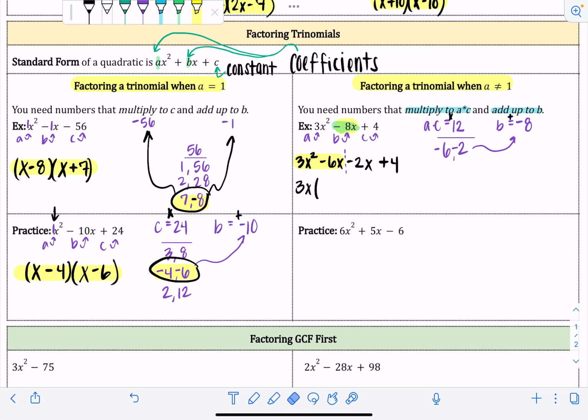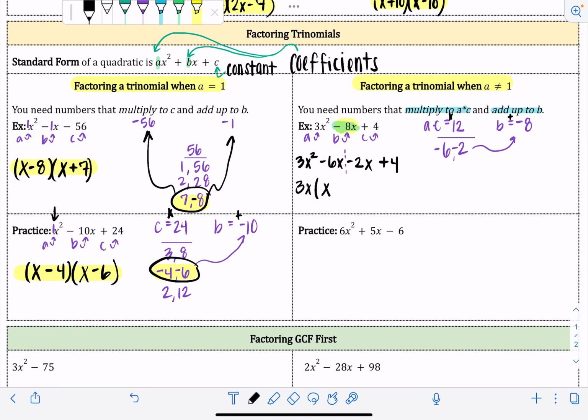Factoring the GCF is kind of like doing the reverse of distributing, so we can use distributing to figure out what we would have left inside the parentheses. I'm going to work backwards. 3x times what would bring me back to 3x squared? I would need to multiply by another x.